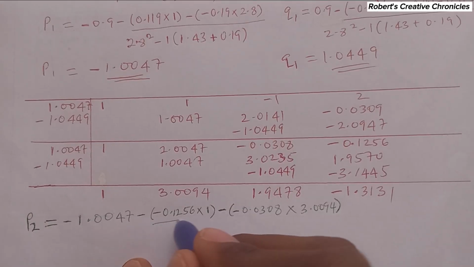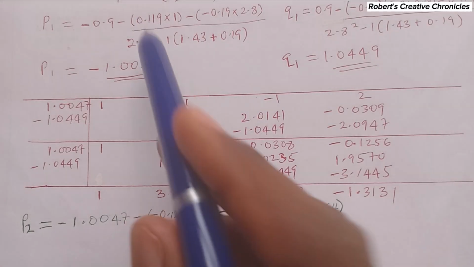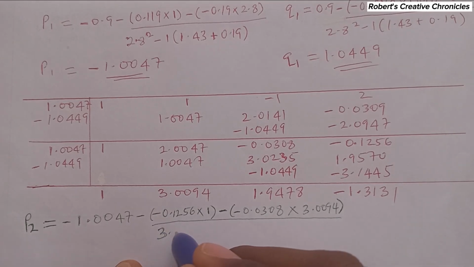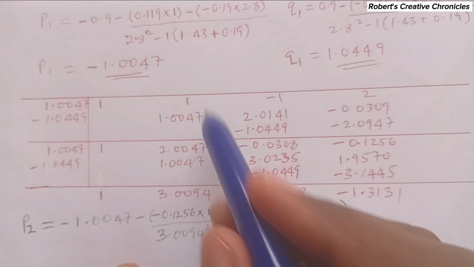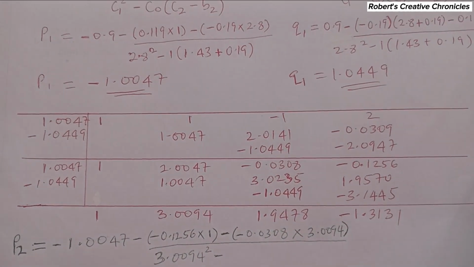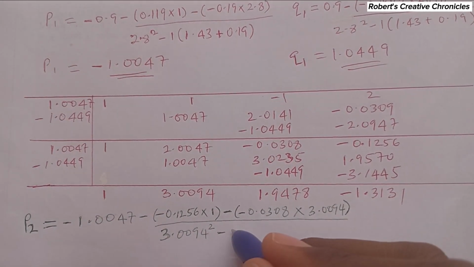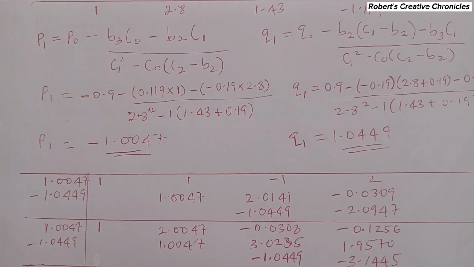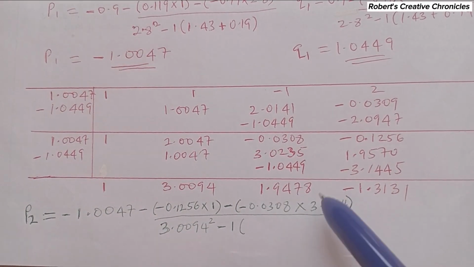Then this divided by, what's C1? C naught, C1 squared. This C1 squared minus C naught. This is C naught, open bracket C2 minus B2. So this is C2, C naught, C1, C2.